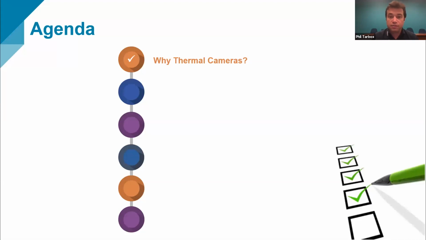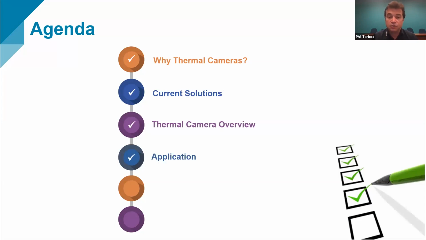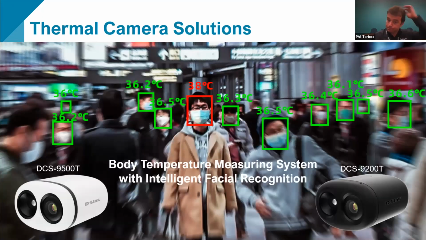We'll be looking at why thermal cameras, a look at the use cases of these products, the current solutions which D-Link has available, an overview of our range of product, some of the applications where thermal cameras can be used, and then Ilya will be taking us through our live demonstration, and then what next, as well as question and answers. So let's get started.